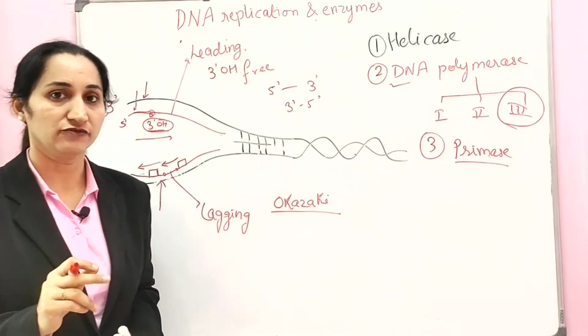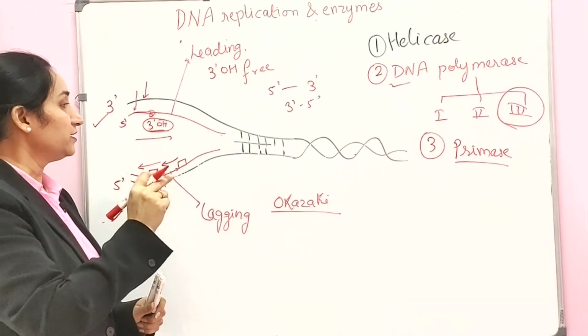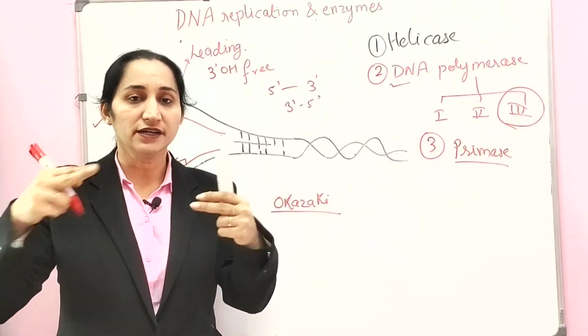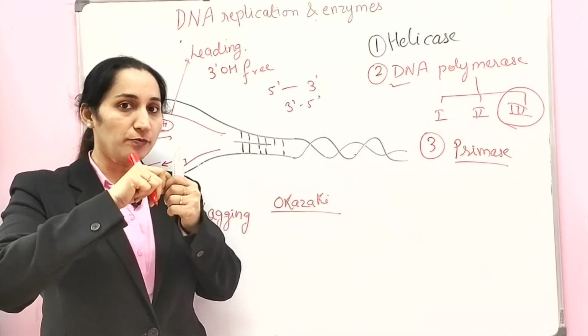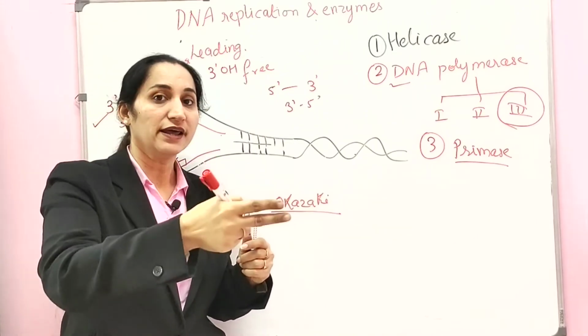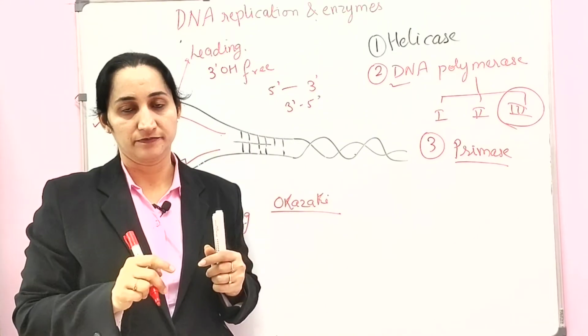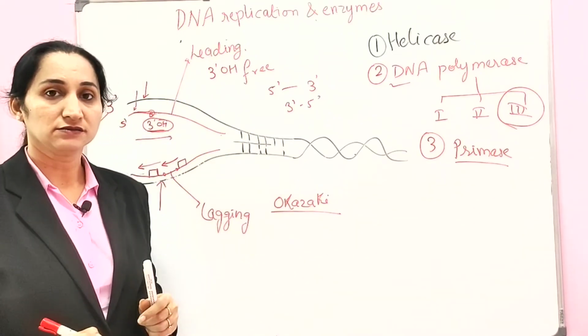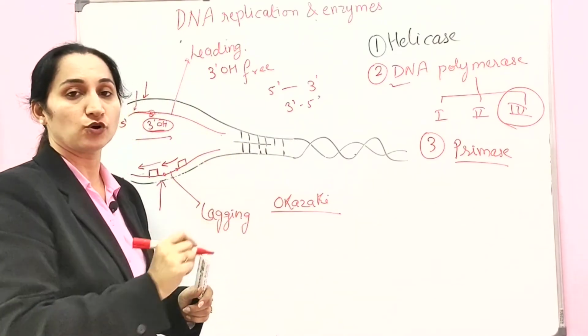Now one more thing, one more problem. When there is a coiled thing, if there are two threads that are highly coiled with each other, if you try to open those threads from one end, obviously the other end will have supercoiling, right? The same thing can happen here. So who is going to solve this problem?